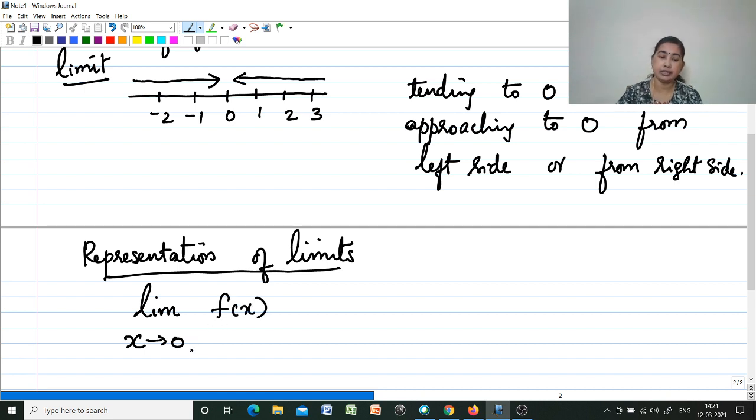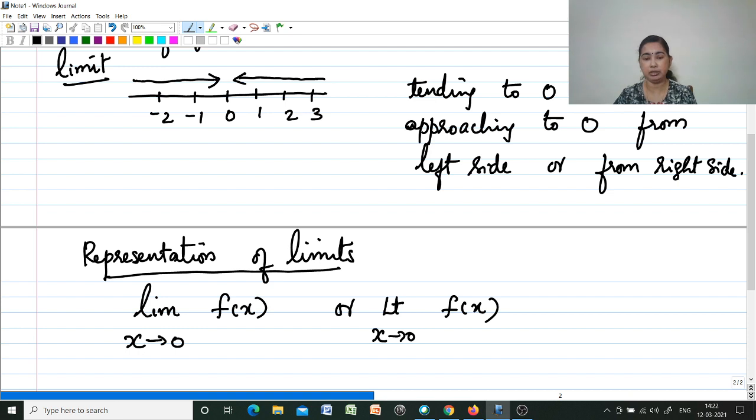So when x is tending to 0, what is the value of the function f of x? That's called the limit, whether it is approaching from the left side or from the right side. Or another way of writing the limit is LT, limit x tends to 0 f of x. Both represent the same.